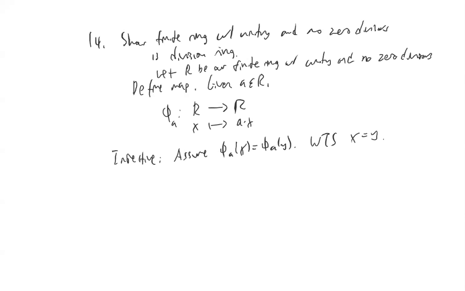This is the definition of injective, right? If I assume this, I know what the map does: ax is ay, with a non-zero.